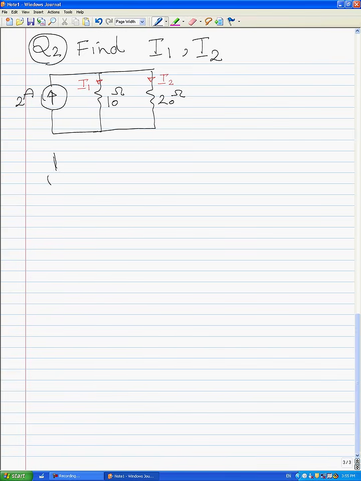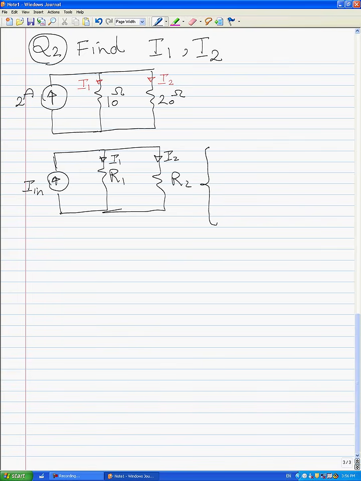If we have an input current here and we have R1 and R2 here, and here we have I1 and here we have I2, the divided current rule says we can find I1 and I2 immediately by using this formula.